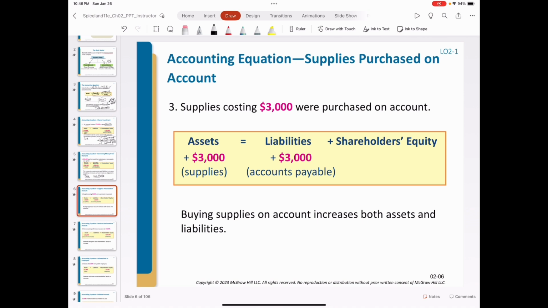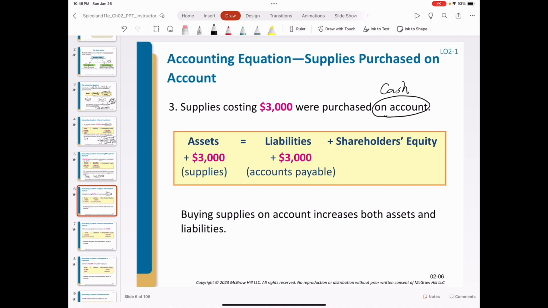Next, supplies costing $3,000 were purchased on account. So this is a transaction between the law office and the supplier. The supplier provides office supplies costing $3,000. Because it was a purchase on account, there's no cash payment right now. So there's no impact on the cash account.